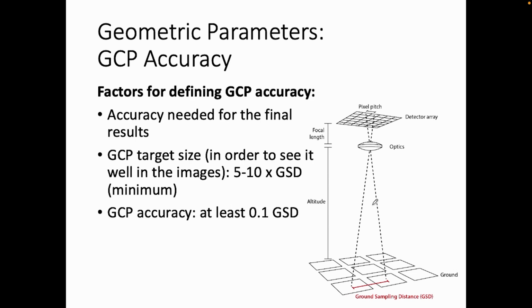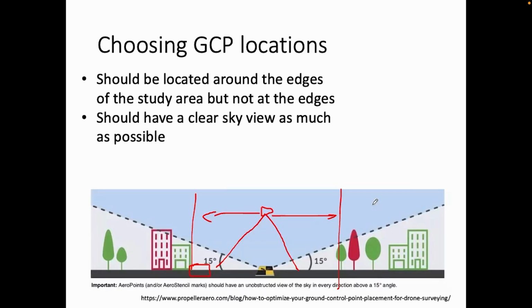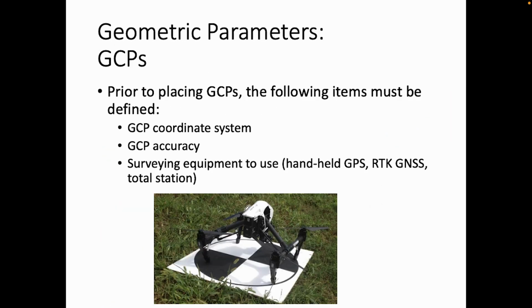Now, in order to properly see your ground control points, your GCPs, you need to have them visible in your images. And so you need at least 5 to 10 GSDs per size, per target of your GCP. In other words, if I back up here for a second, let me back up to where I've got my flags, right? So here's my flag, and that's a particular size.